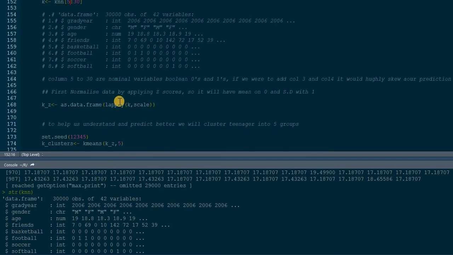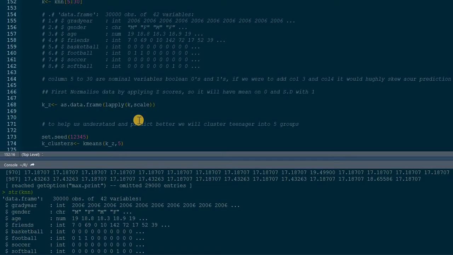Before you even begin with your K-means clustering, first you need to normalize your data using the z-score. I'm sure you know what the z-score is. It normalizes data.